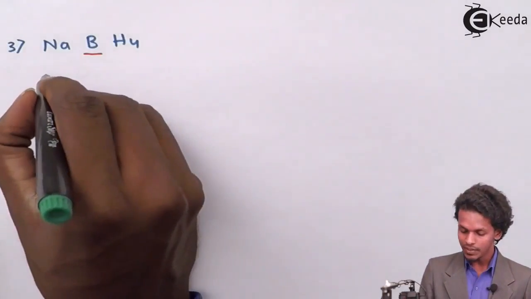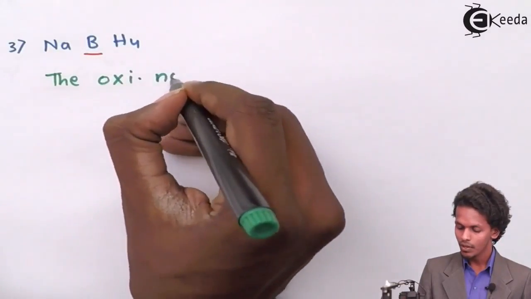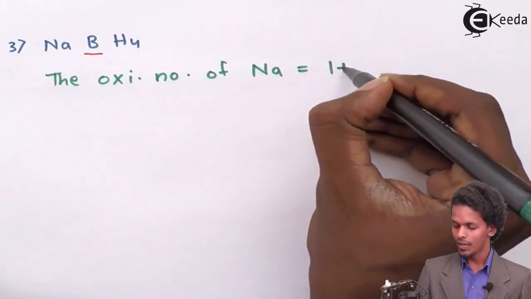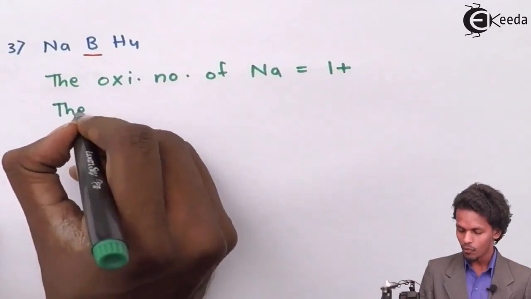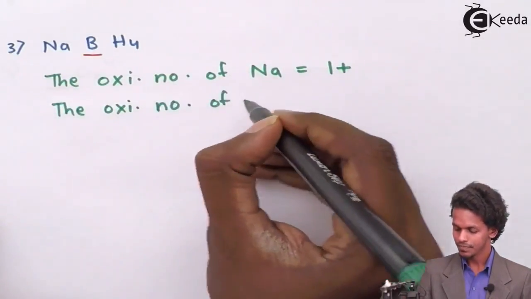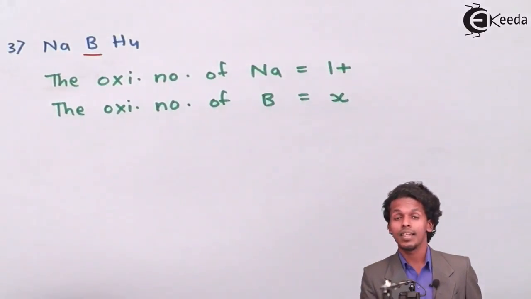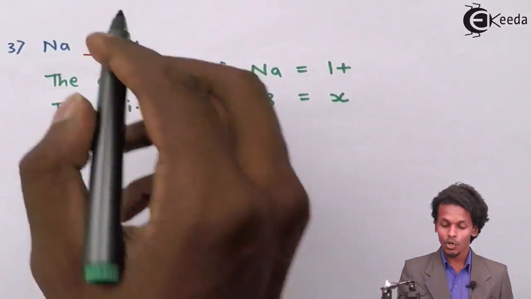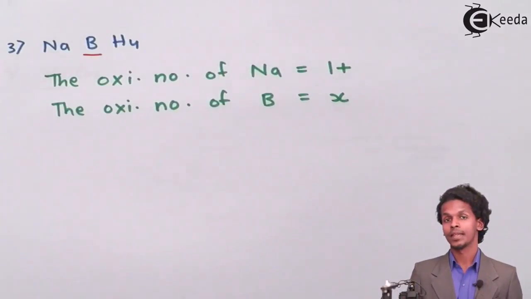But I have considered the oxidation number of sodium as 1 plus, while that of boron I would consider as X. And in this case, it should be clearly noticed that this molecule is a hydride of sodium and boron.